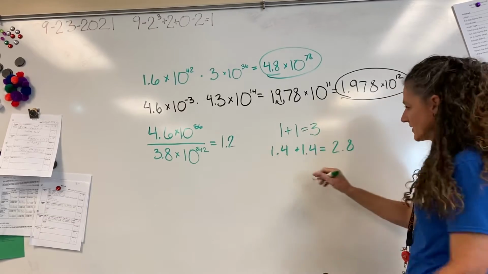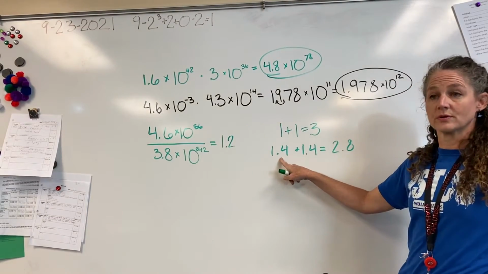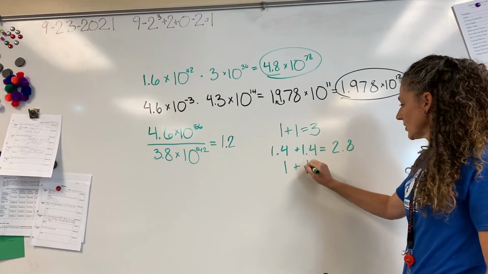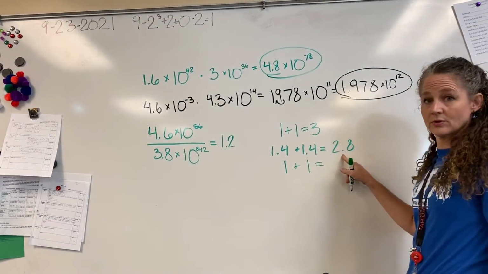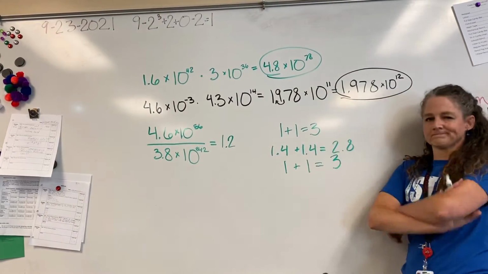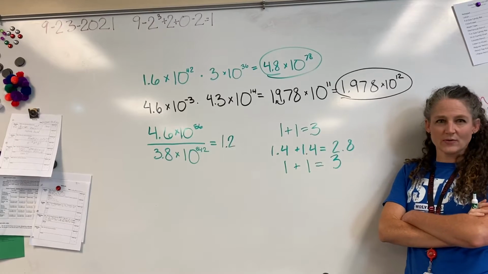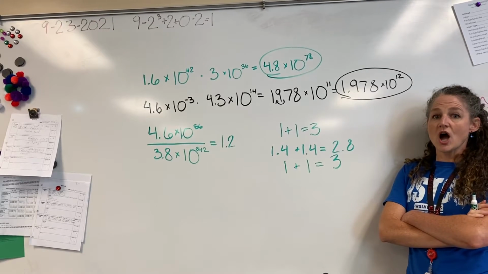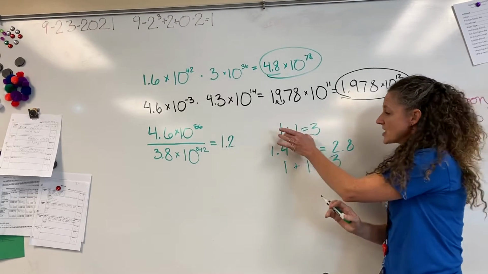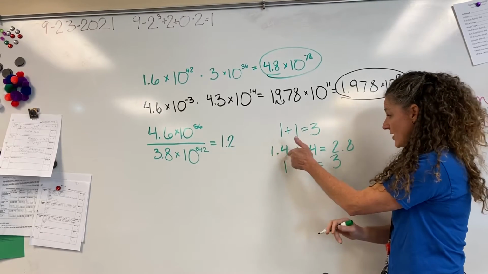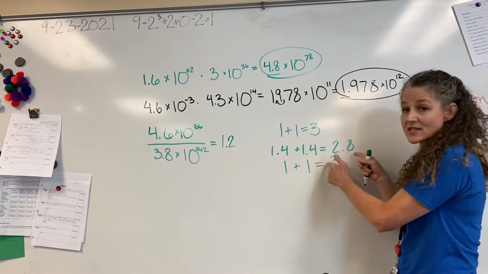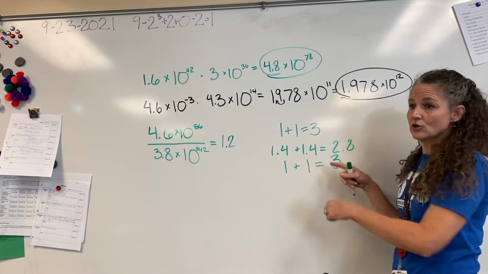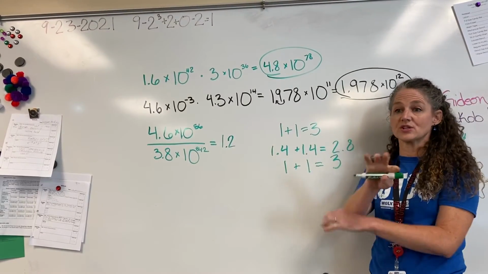Let's round all of these. What does 1.4 round to? 1. What does 2.8 round to? 3. Does 1 + 1 = 3? No. So if I had rounded at the start, I would have had 1 + 1 = 2 when my answer should have been 3. Don't round until the end.